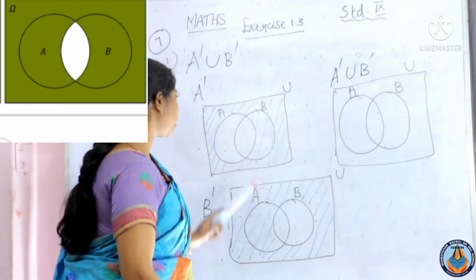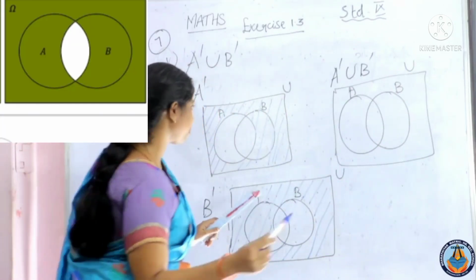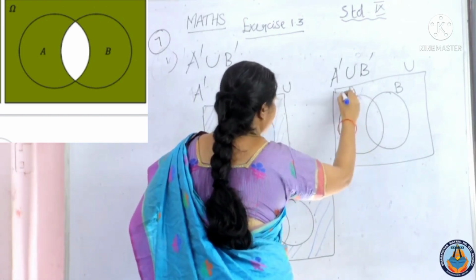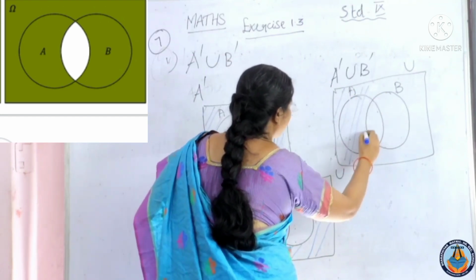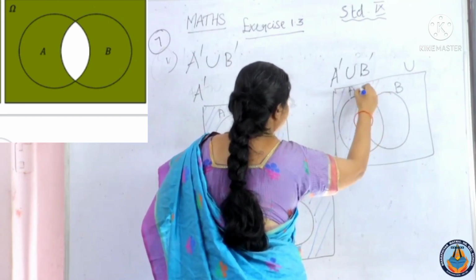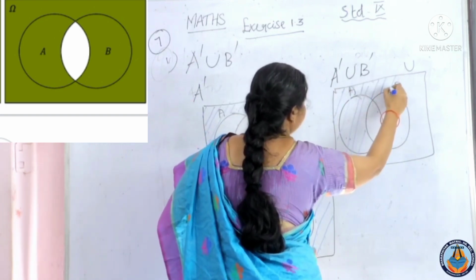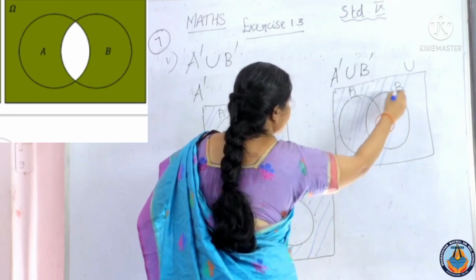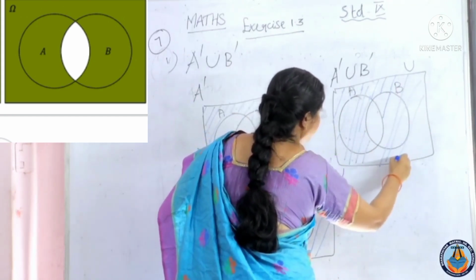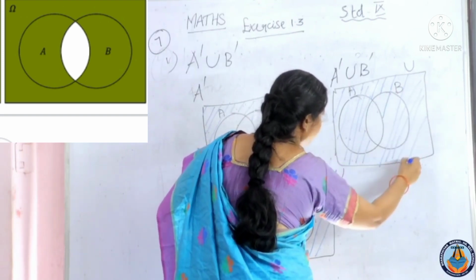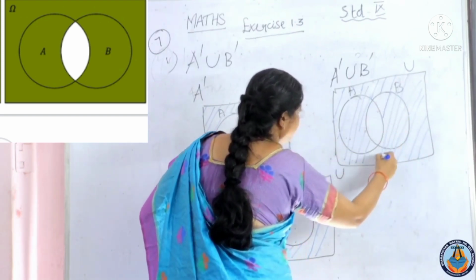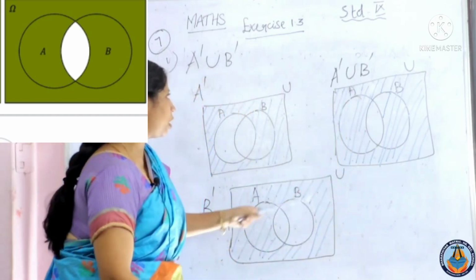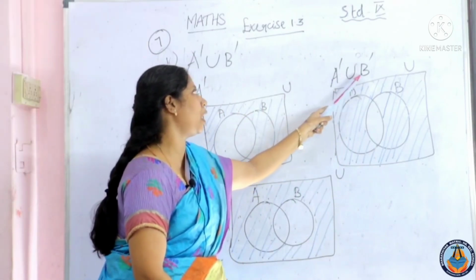Combine both the diagrams. Except the common portion, you have to shade all the region. This is A dash union B dash.